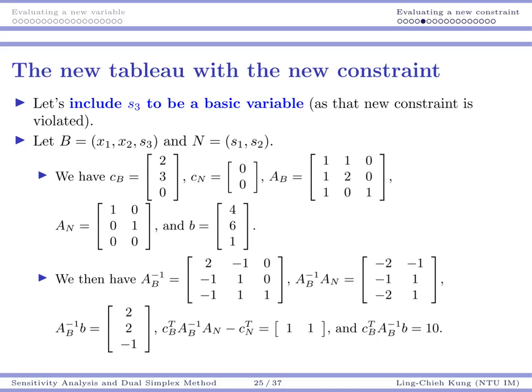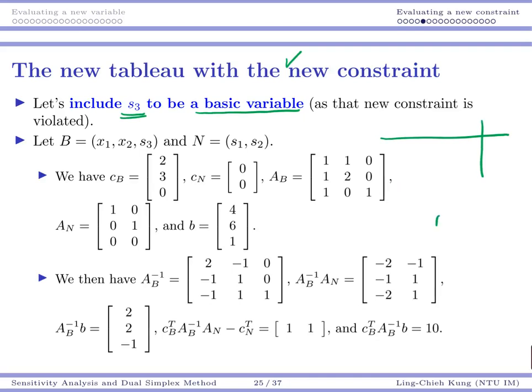So what we know is that we have a new constraint, and also we have a new variable, which we call S3. So in this case, probably we will say, okay, let's consider S3 as our new basic variable. Well, why is that? Previously, you probably remember that we had two constraints and 4 variables, right?